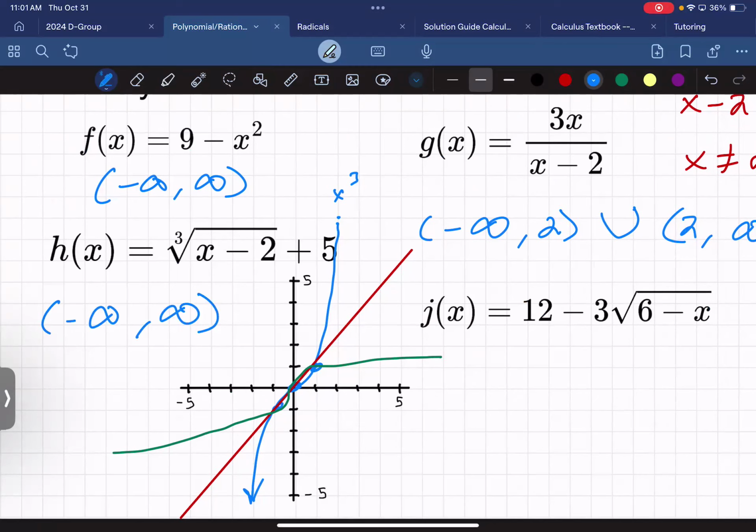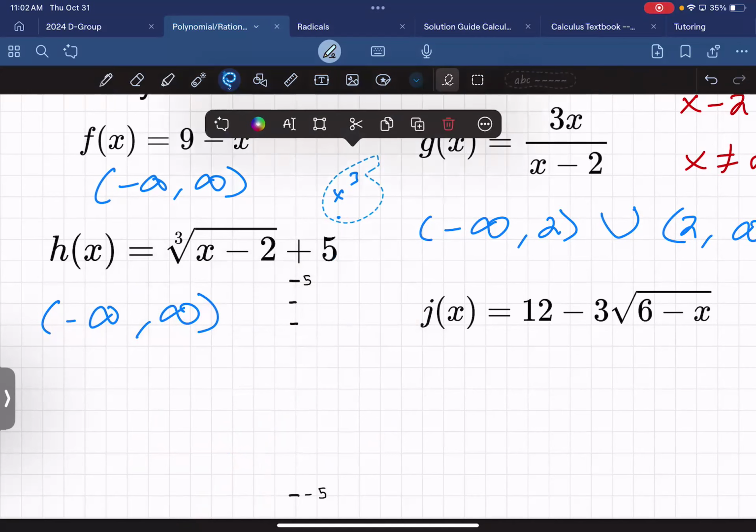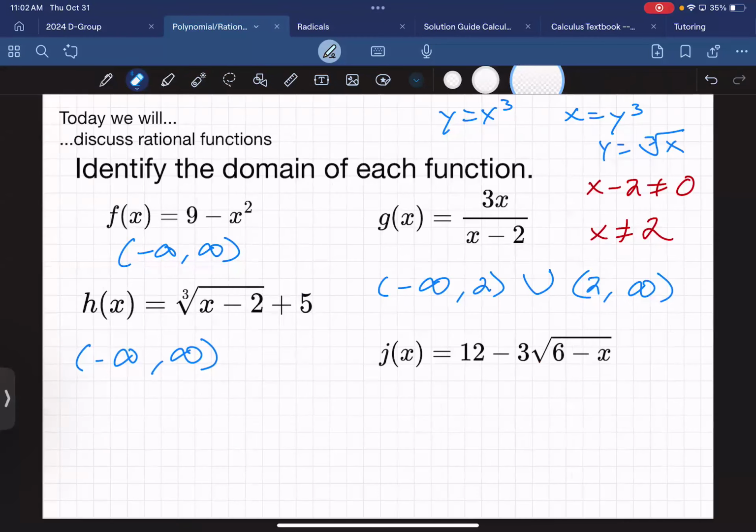Now, keep in mind, that's just for this situation. There's only one x in there. I could graph this one using transformations if I wanted to, because it's just x minus 2 inside. If we had something else involved, we'd have to be careful. Make sure you see that, like when we look at polynomials, that got a little bit more involved because of some of the stuff that we added to the problem, okay?